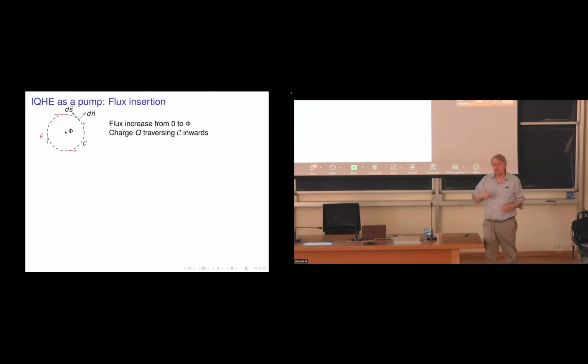And as you do that, Laughlin tells you that the ribbon has two rims, the left and the right rim, and a certain charge is transferred from the left rim to the right rim, and the charge that has been transported is an integer, always the same integer if you repeat the experiment, provided the flux you inserted is a quantum of flux.